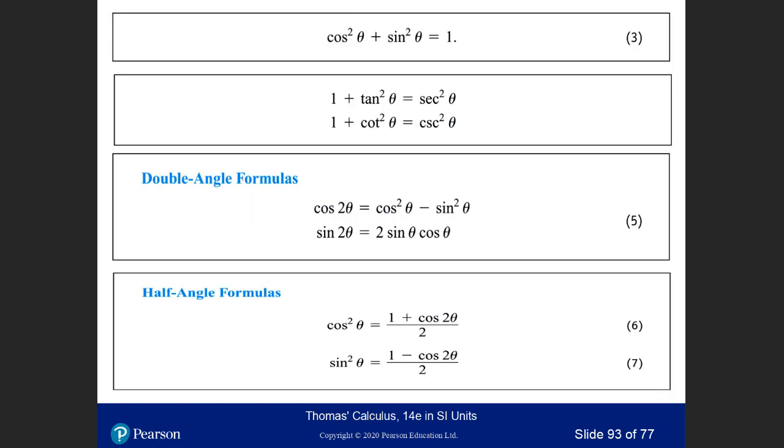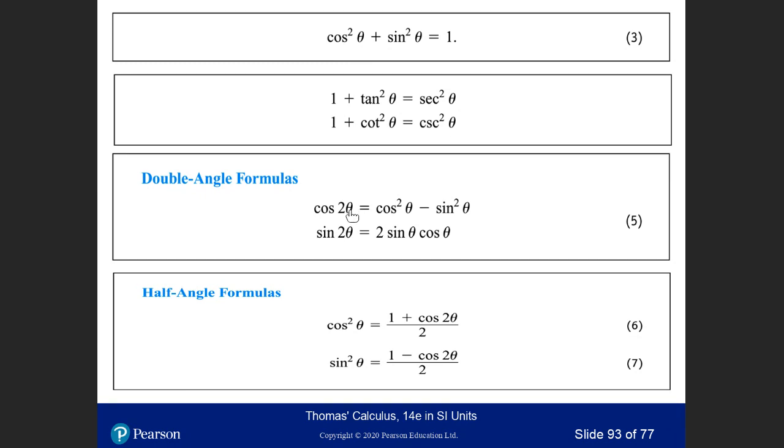Now, if you divide by cosine squared, you get 1 plus tangent squared theta is equal to secant squared theta. That's what you get from dividing by cosine squared. If you divide by sine squared, you have 1 plus cotangent squared theta is equal to cosecant squared theta.